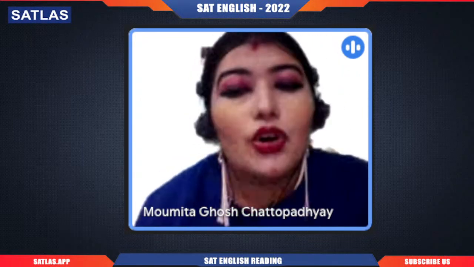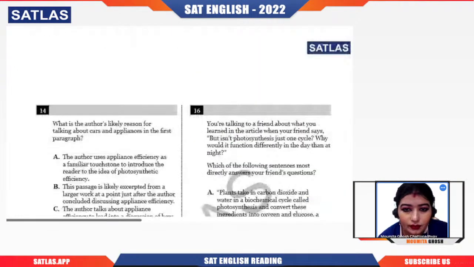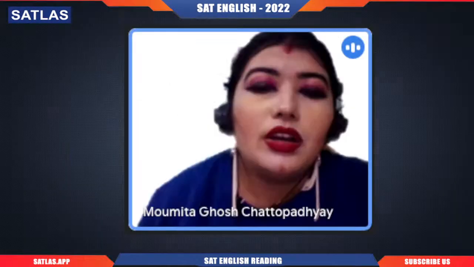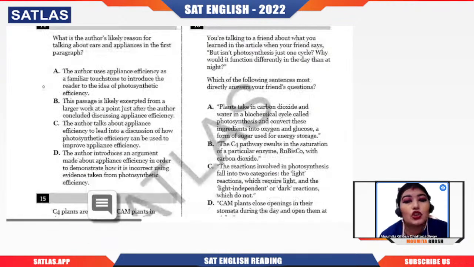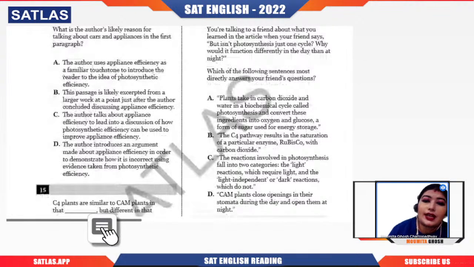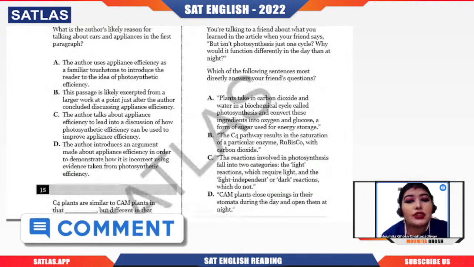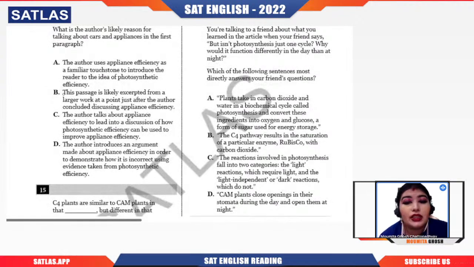Question number 14. What is the author's likely reason for talking about cars and appliances in the first paragraph? Option A, the author uses appliance efficiency as a familiar touchstone to introduce the reader to the idea of photosynthetic efficiency. Option B, this passage is likely excerpted from a larger work at a point just after the author concluded discussing appliance efficiency.